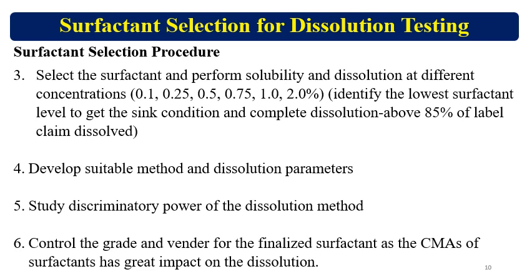Then select the surfactant and perform solubility and dissolution at different concentrations. So if you find that out of 3-4 surfactants, SLS for example is giving you good results, then you go for a solubility study with SLS only at different concentrations, like for example 0.1%, 0.25%, 0.2%, 0.5%, 0.75%, 1% and 2%.